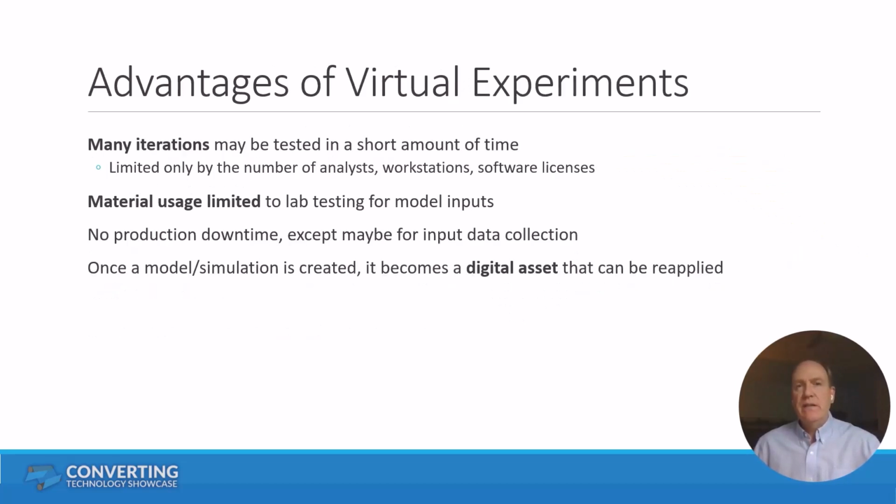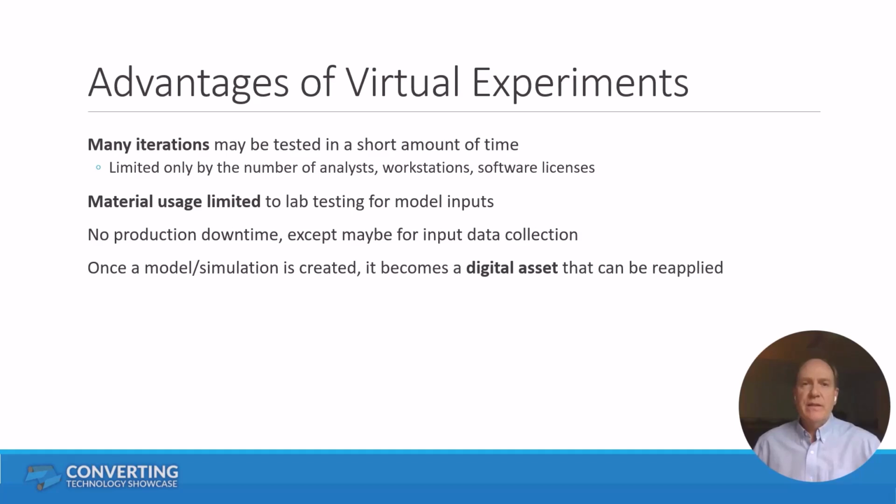Some advantages of these types of virtual experiments: obviously you can do a lot of different iterations in a short amount of time. You're typically limited just by the number of analysts that can use the software, the number of computer workstations and software licenses, and limited by the time of an individual iteration. But it's not impinging on any physical system. Obviously, the material used is virtually none.